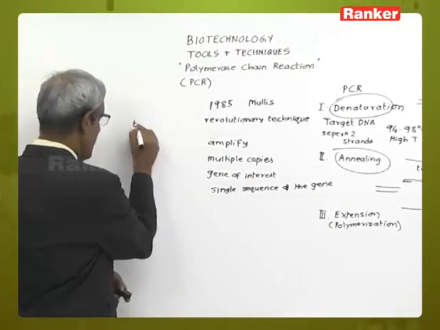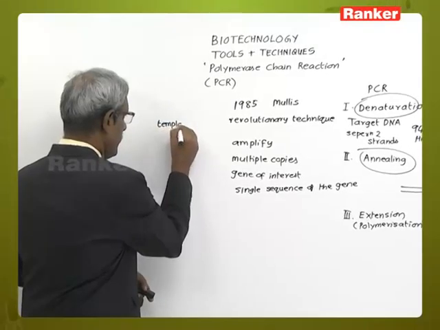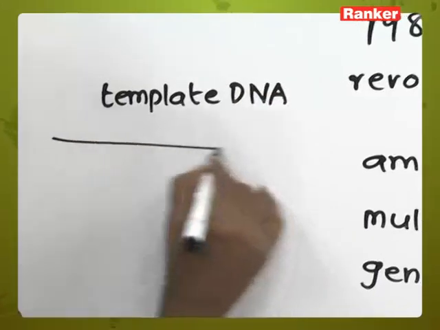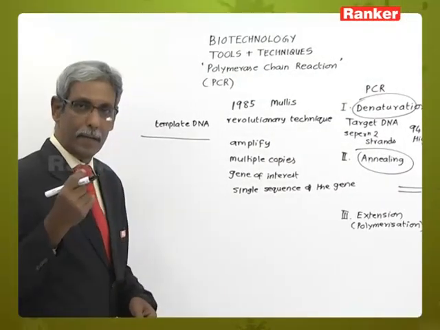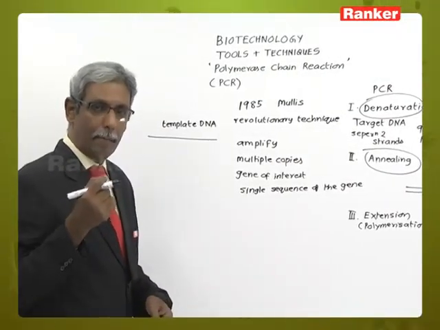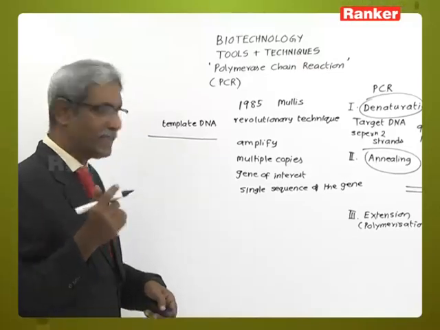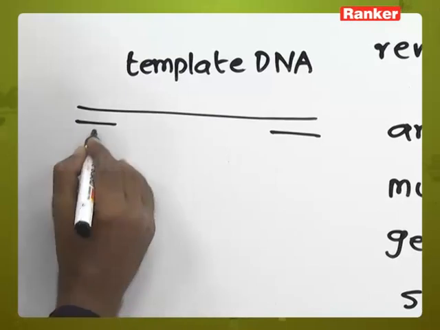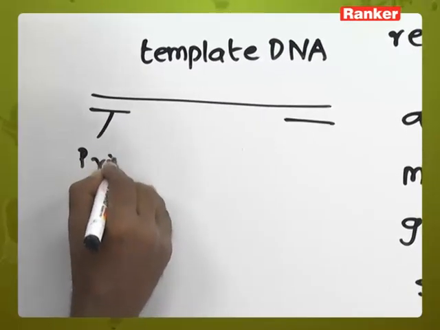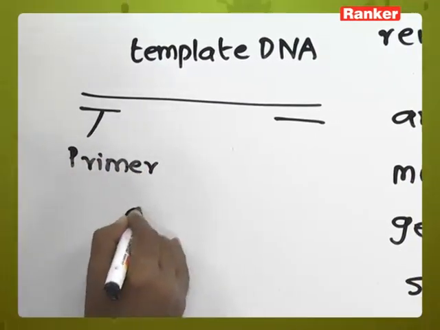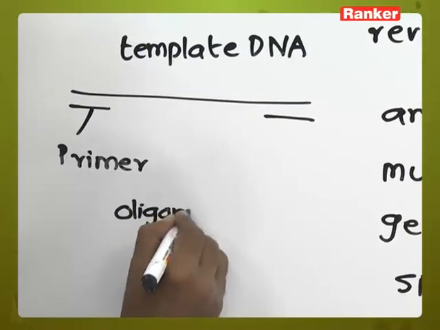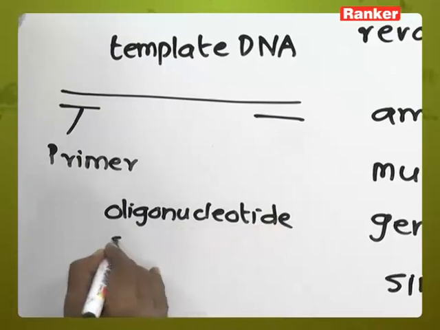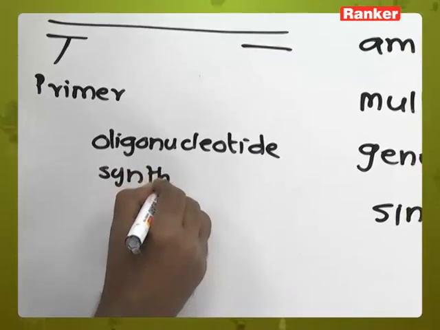Supposing we have a template DNA, in the lab we can manufacture or we can synthesize two important primers. The primer is an oligonucleotide. They are synthesized.